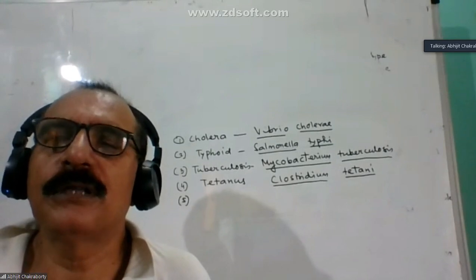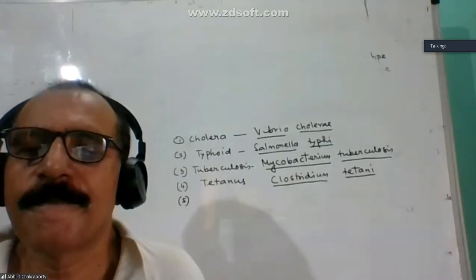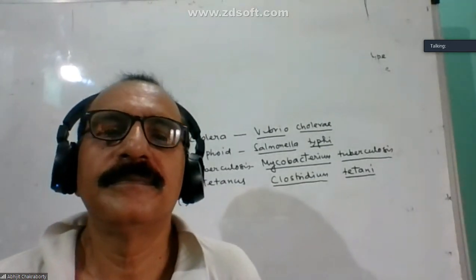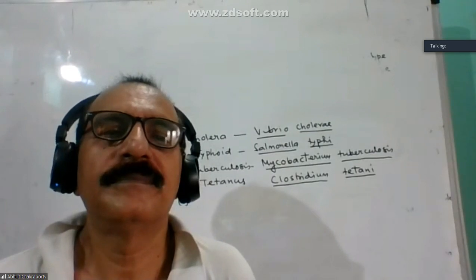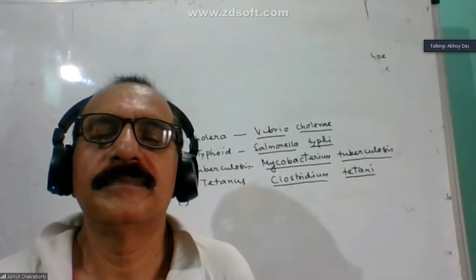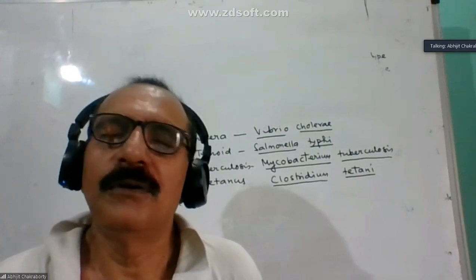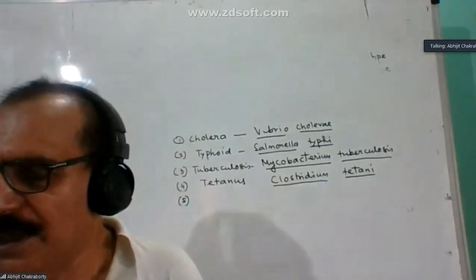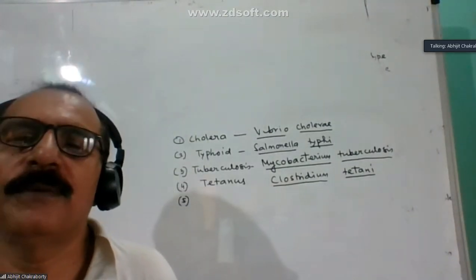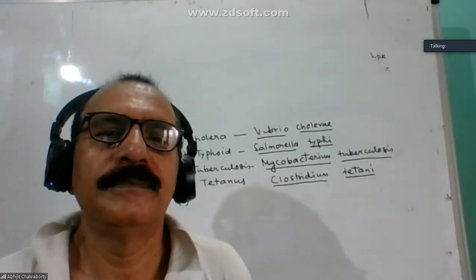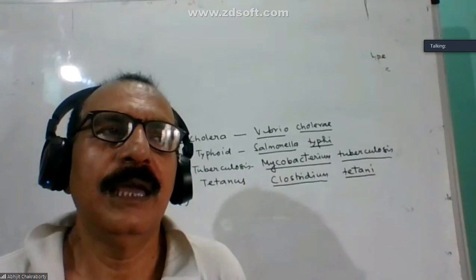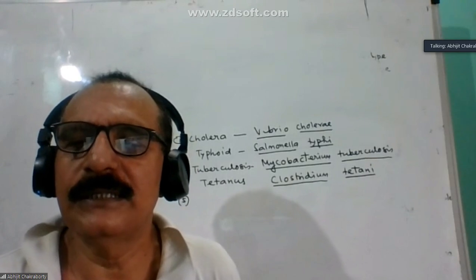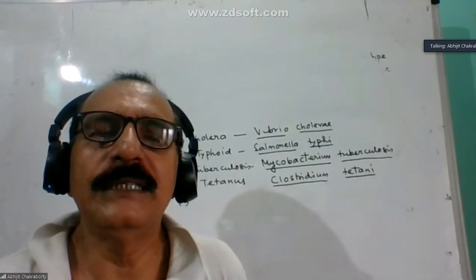Sir, can you please repeat the second part? Okay, I am repeating the whole. Write 4 human diseases caused by bacteria, and write down the name of causal organism, that is the bacteria that causes the disease, in each case.